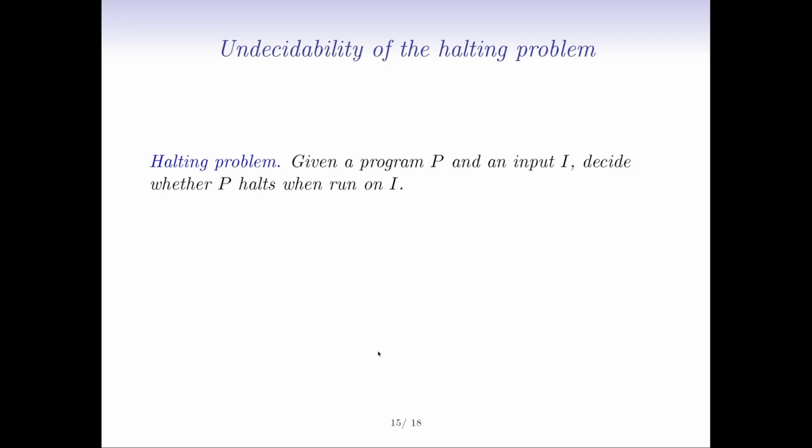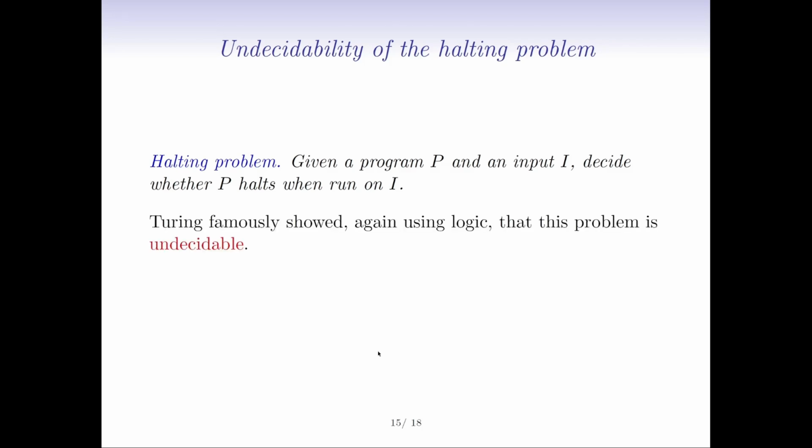Now, Turing famously showed, using logic, that this problem is undecidable. By undecidable, we mean there is no algorithm or no program that decides the problem, which is to say, answers correctly and terminates on all inputs. So the flavor is actually quite similar to the Russell paradox, which we showed before.